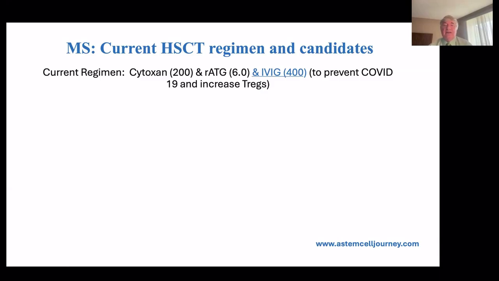The reason we give the IVIG is that once COVID hit, all elective transplant had to stop. And then I was concerned that after discharge, patients would get COVID, and I wanted to give them some passive immunity, because most of us have had COVID, and IVIG has pooled immunoglobulins from many people and will provide passive immunity for COVID. And in fact, after transplant, I've had patients get COVID.